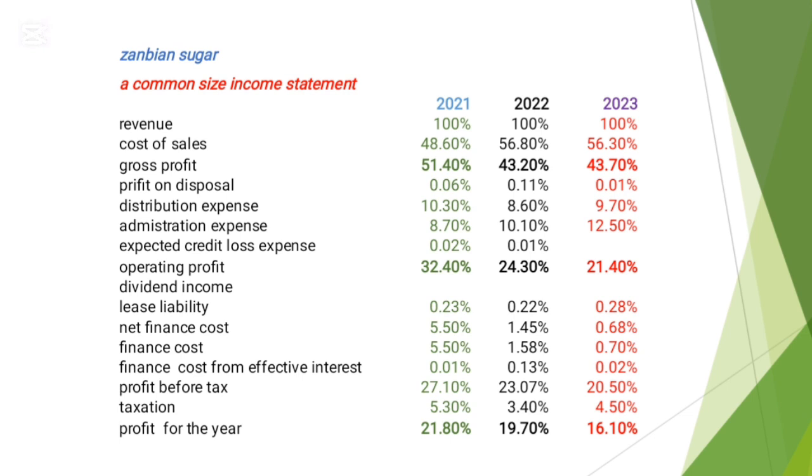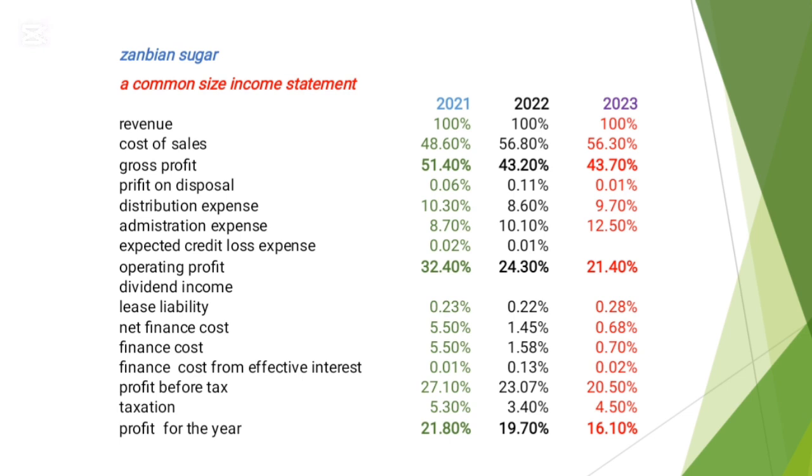So the impact of the cost of sales caused the gross profit margin to decrease from 51.4% in 2021 to 43.2% in 2022, and slightly increase to 43.7% in 2023. The implication here is that higher cost of sales might be due to increased production costs, such as the increase in labor cost, the increase in transportation of raw material, or the rise in raw material prices in the market.